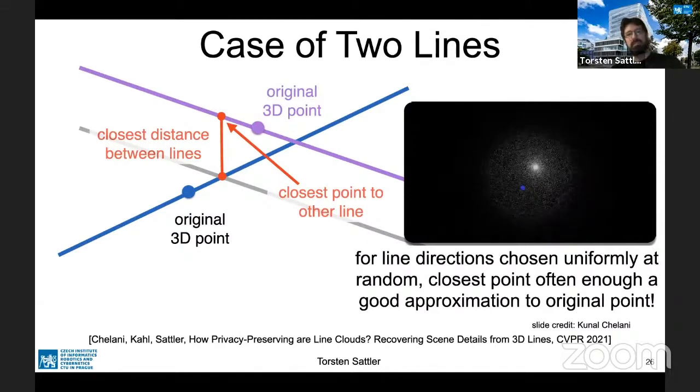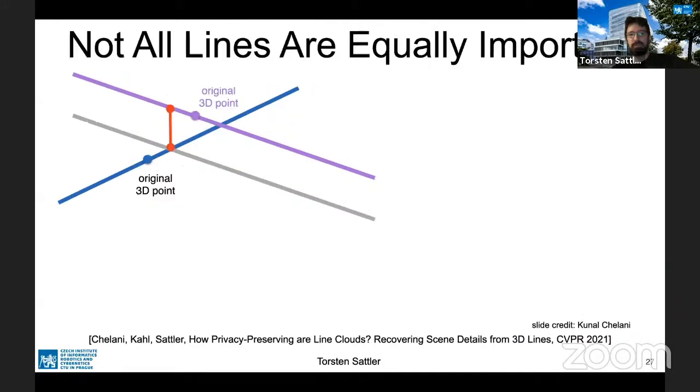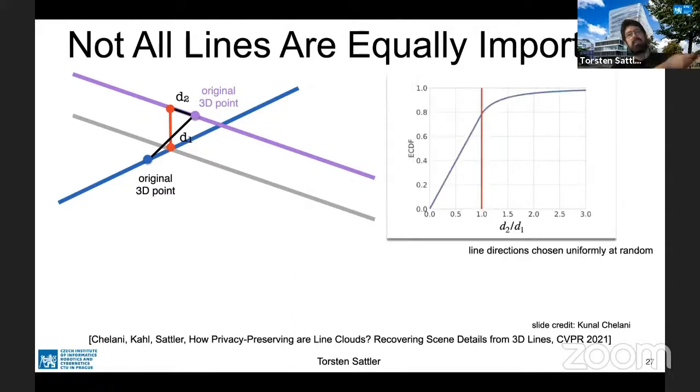So there's actually some signal that we can use to recover the 3D scene geometry. One thing to observe, though, is that if you denote the distance between the original 3D points by d1 and the distance between one point and the closest point on the line to the other line by d2, then you see that the ratio of the distances is likely to be smaller than 1.